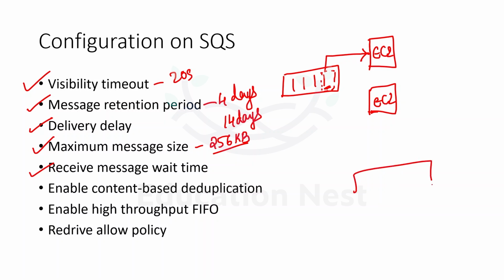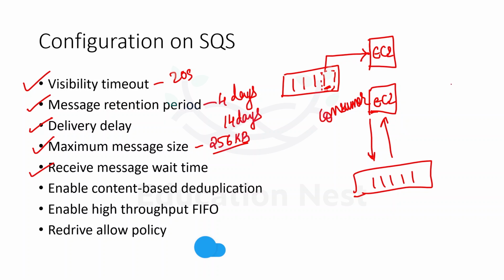Let's say I have a queue and this consumer, which requests to receive messages. It will send the request to receive the message, and it will wait till the messages are available in the queue or the timeout happens. If the timeout happens, an empty response will go if no message is received. Or else it will wait till the message is received and take the message back.